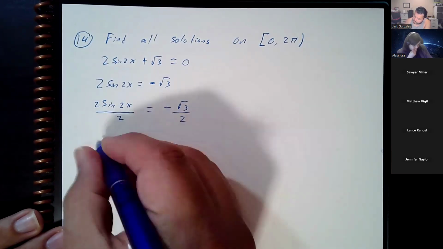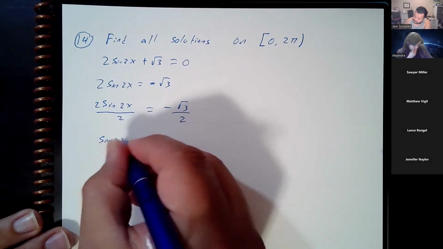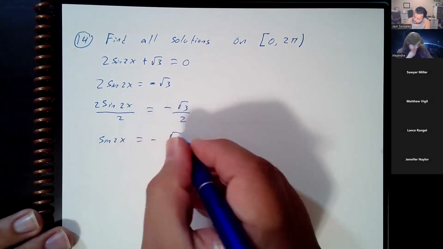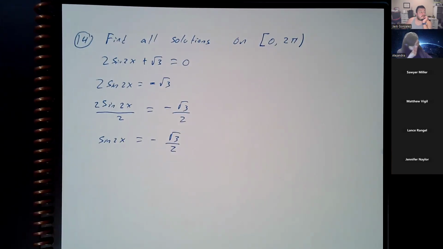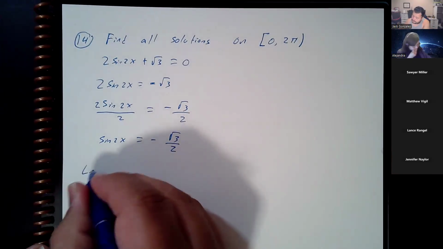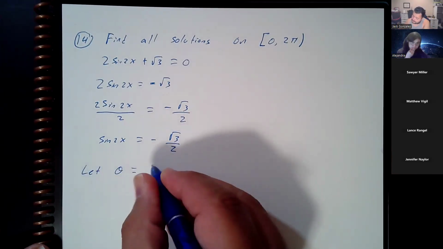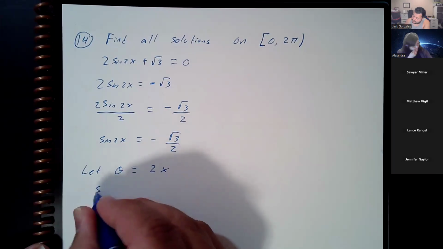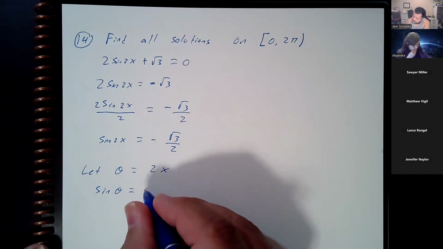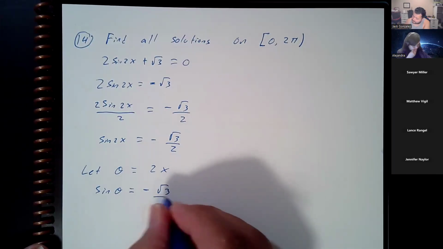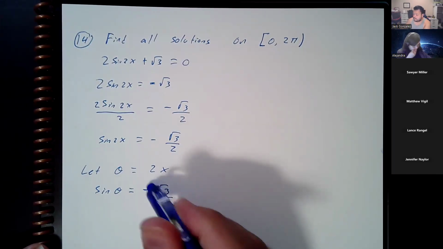Divide by 2. Now we're here. Once you're there, let theta equal 2x. So what is the solution set for sine theta? What theta gives me negative root 3 over 2?